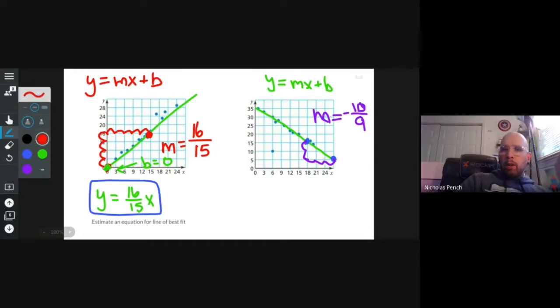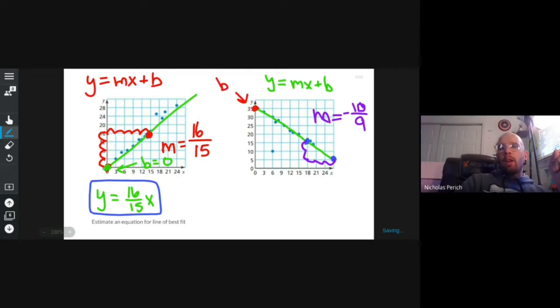What's my y-intercept? It's right around there. I'm going to call my y-intercept 35. And again, if you are doing this on your own and you do a bunch of these and you're like, that's not what I got, sir. I got 36 or I got 37 or whatever. I got 34. That's fine. We are estimating an equation. We're not coming up with the perfect answer.